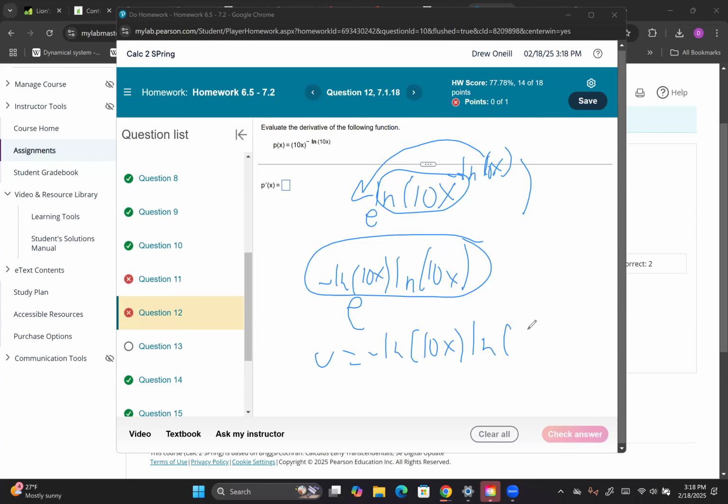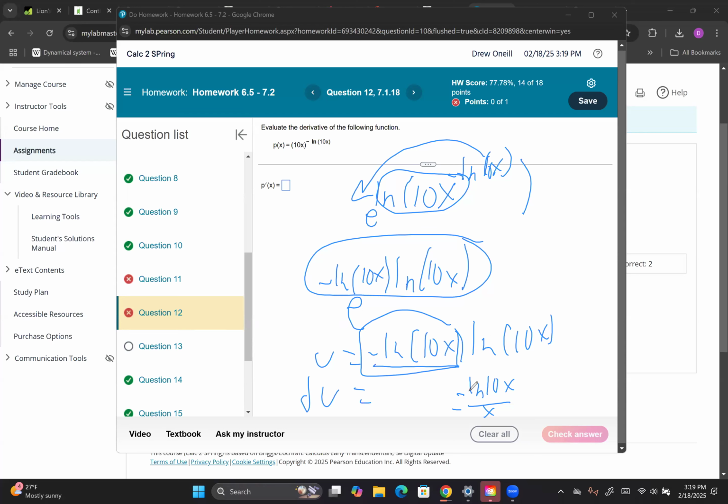So du, let's see, the derivative of this is negative 1 over 10x times 10. That's really negative 1 over x times this. So it's ln 10x over x with a negative. Let me rewrite it so it's more easy to follow. So we get that. So that's by using this as the first function times this thing and plus, but it's really going to be minus.